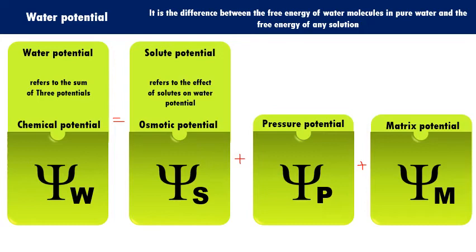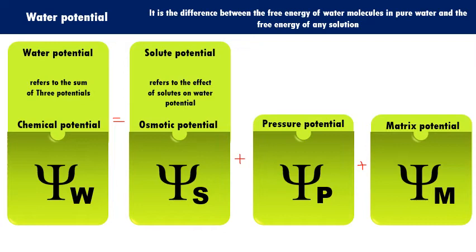Different solutes, maybe salts, maybe sugars, which are produced or transported across the cell with the help of symplastic or apoplastic movement, will have an effect on the movement of water, because water always moves from its higher concentration to its lower concentration.